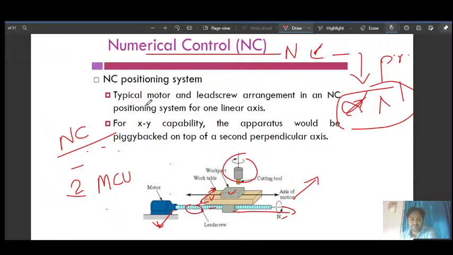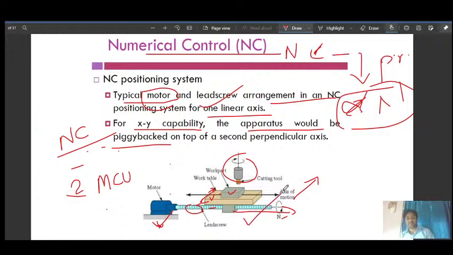So typical parts in positioning system are motor, lead screw, arrangement in NC positioning system for one linear axis, and if we are going for XY capability, the apparatus would be piggybacked on top of the second perpendicular axis. So here only one axis has been shown.